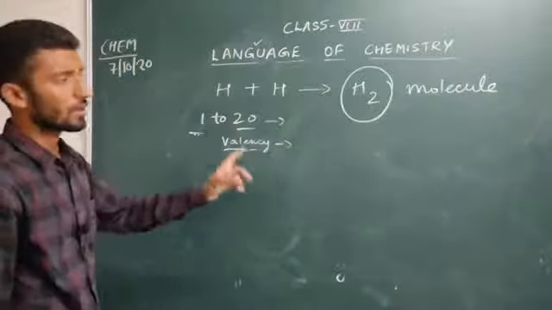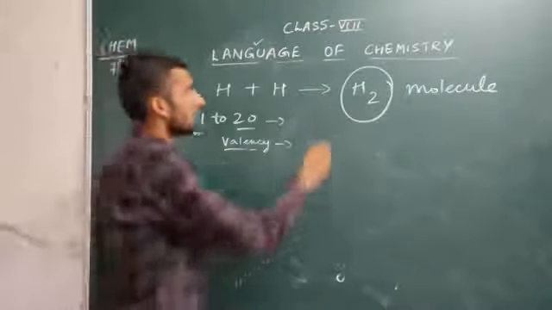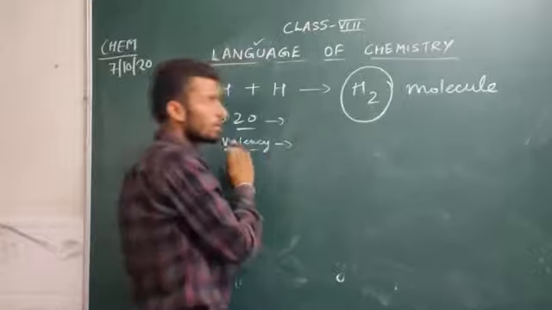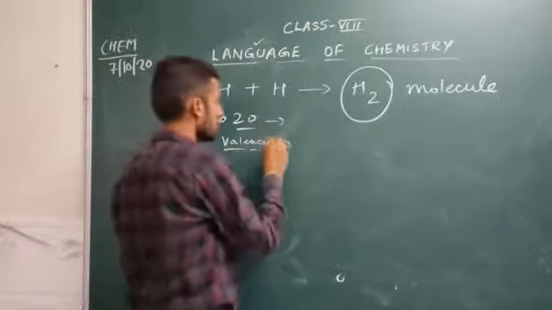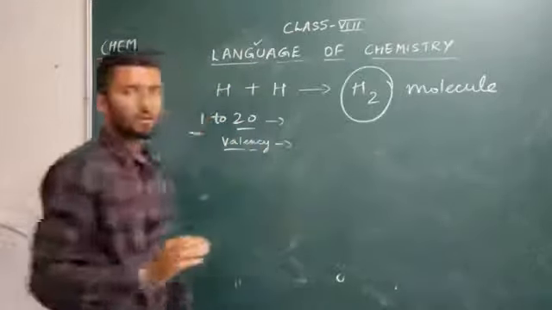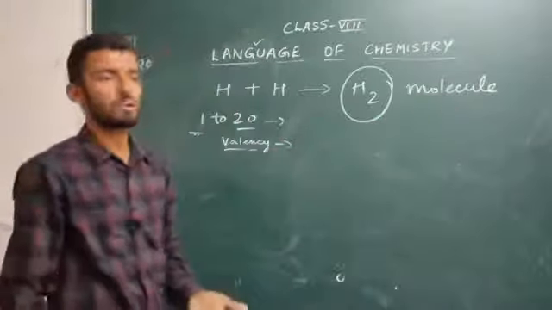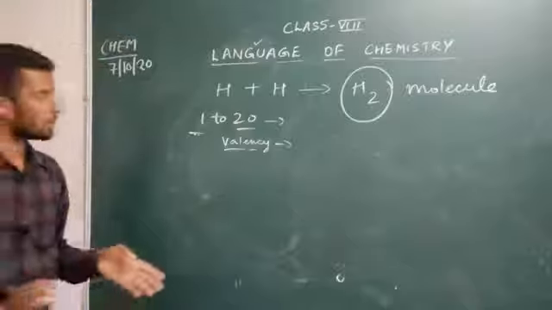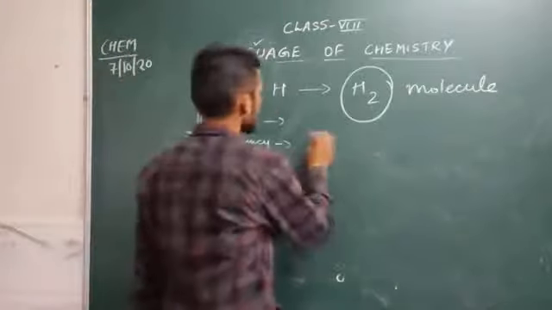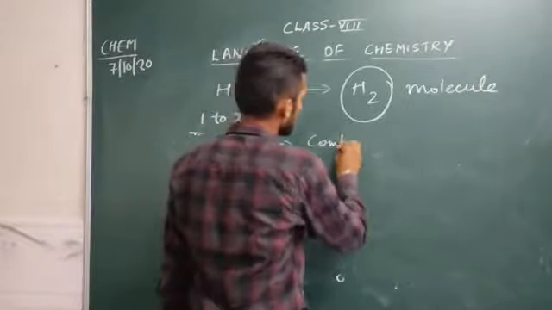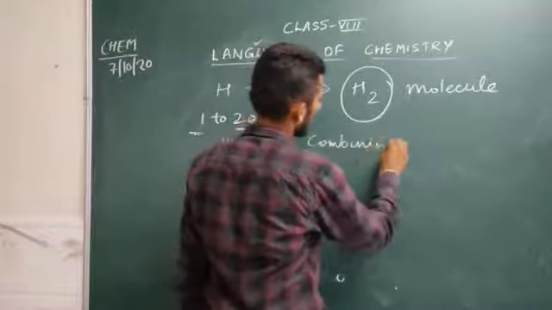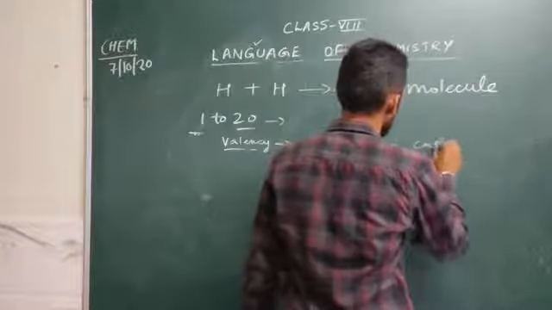Now here I am going to tell you what is valency. First of all you need to know about valency, because if you are not aware of valency, then this topic, how the molecules or compounds are formed, you can't understand. So valency is the combining capacity of an element or an atom.